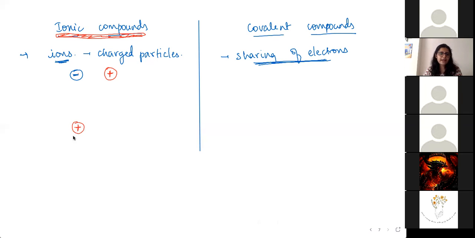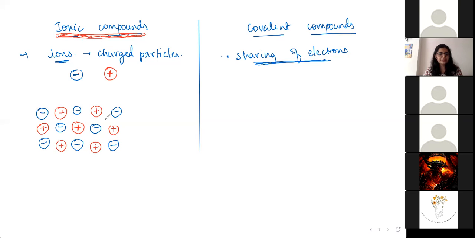Now this will attract opposite charges, right? So this will be surrounded by negative charges. And each negative charge will again attract opposite charges, so it is surrounded by positive charges. All these positive charges will be surrounded by negative charges again.